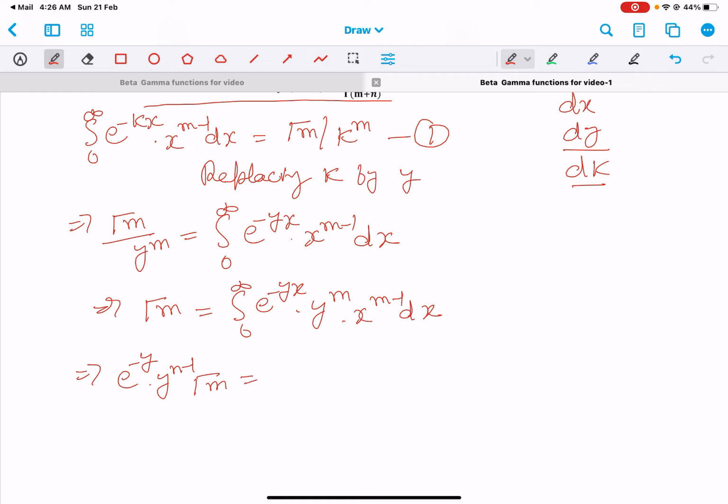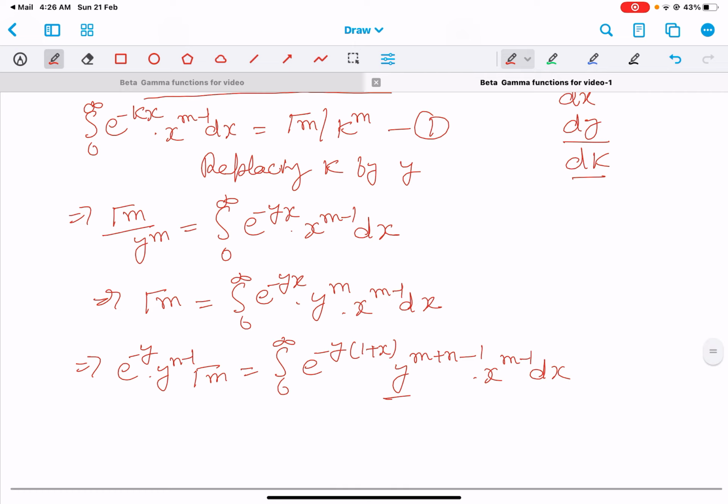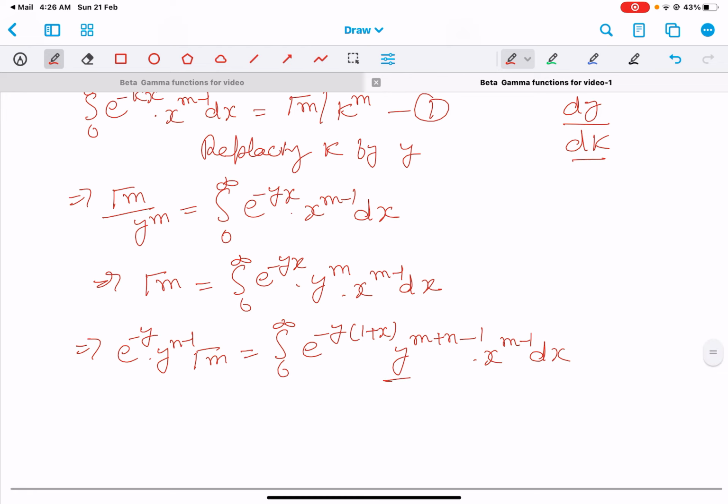So this will be given by integral 0 to infinity e to the power minus y(1 plus x) y to the power m plus n minus 1 x to the power m minus 1 dx. Hope you understand that I can take these y terms inside the integral, because I am integrating with respect to x. So y just acts as a constant here, and I may write it outside this integral or inside, it's one and the same thing.